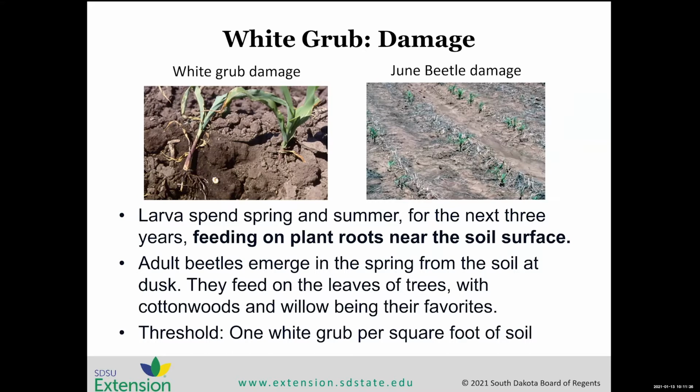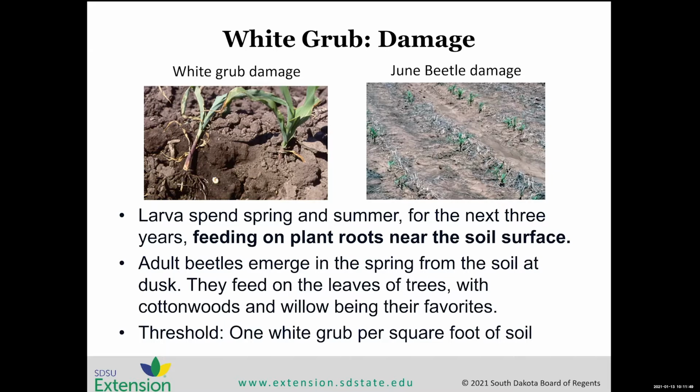So if you have a problem, you might want to work that topsoil, because they do stay in that soil for 3 years. As you can see in that picture to the right, it can cause severe stand issues if they eat enough of your corn roots or seedlings.